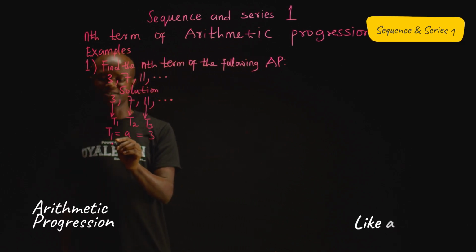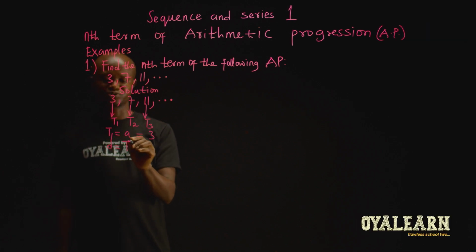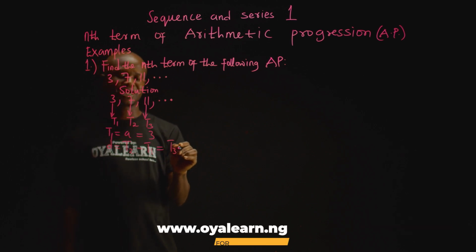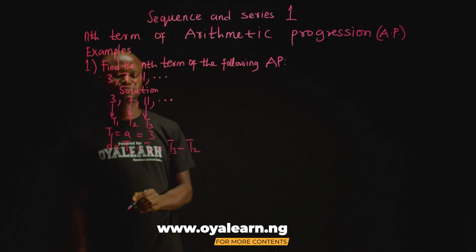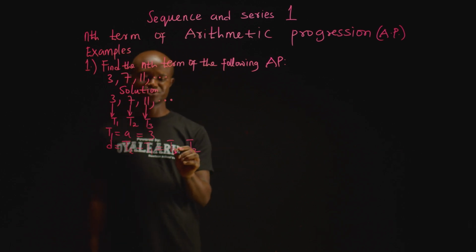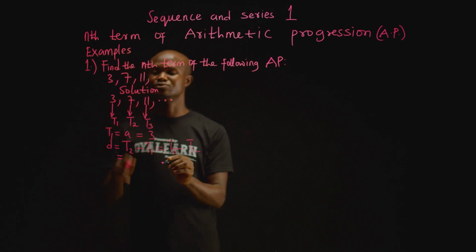The common difference, which is D, is equal to T2 minus T1, also equal to T3 minus T2. Now let's check it out. When we use the first one here, what is T2? 7.